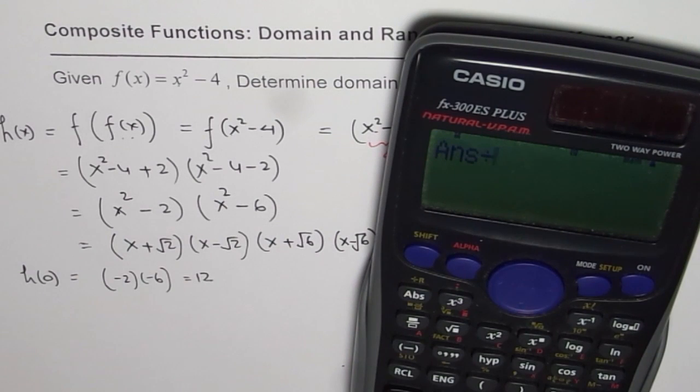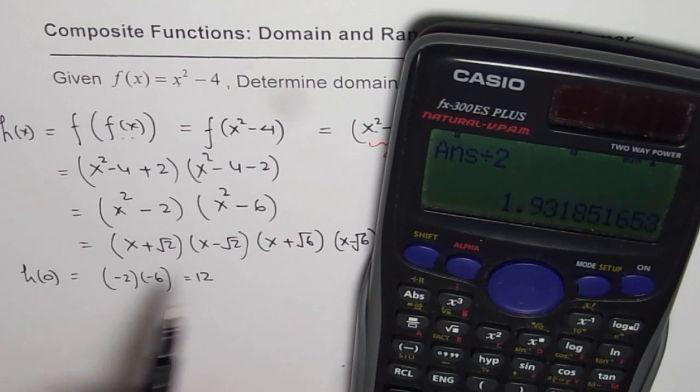We'll divide this by 2 to get the mid value, which is 1.93. So we can use 1.93 here to get an approximate idea of the minimum value.